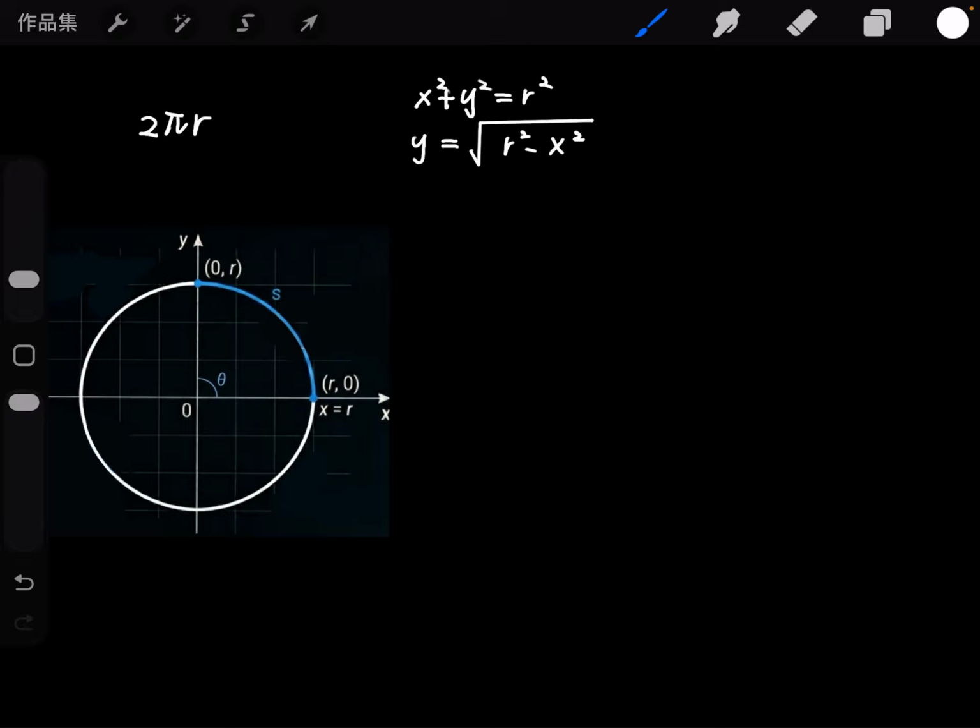Okay, so we all know if we want to know the length of a curve, then we now need to find its derivative.